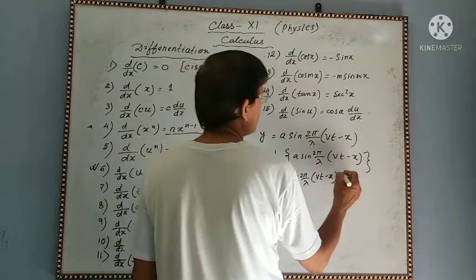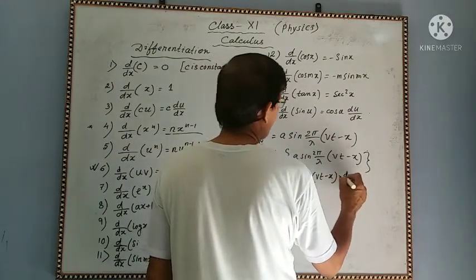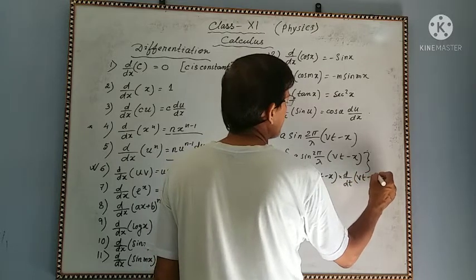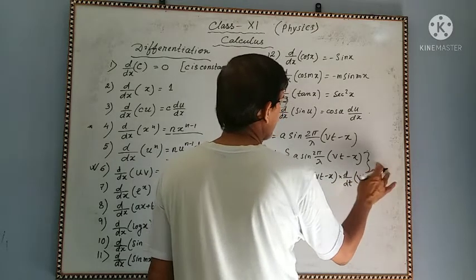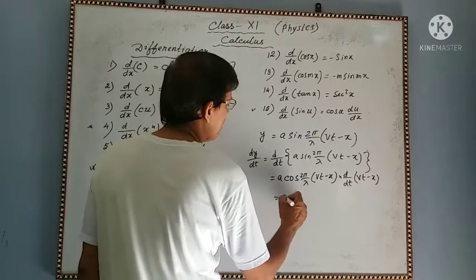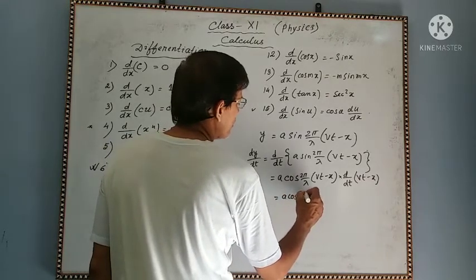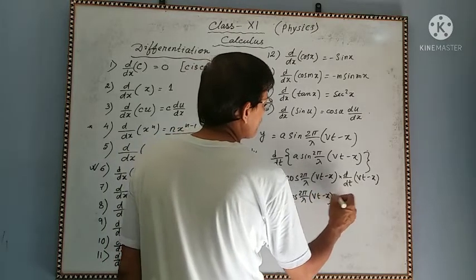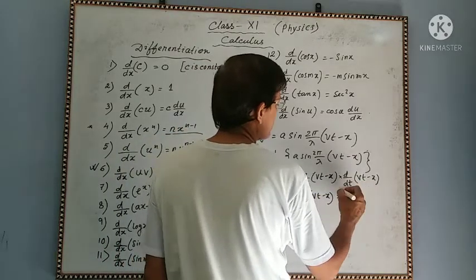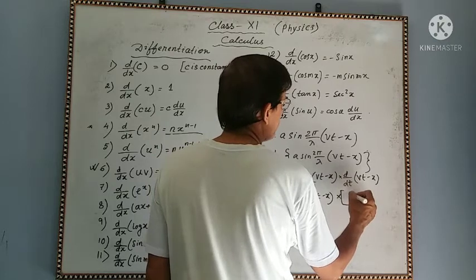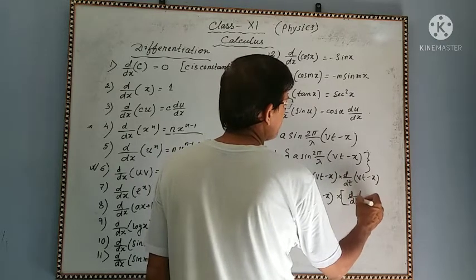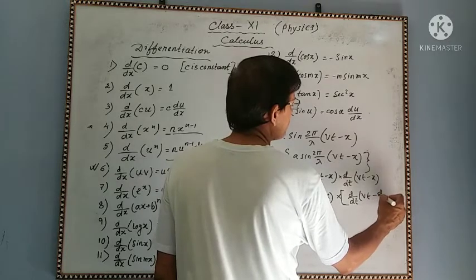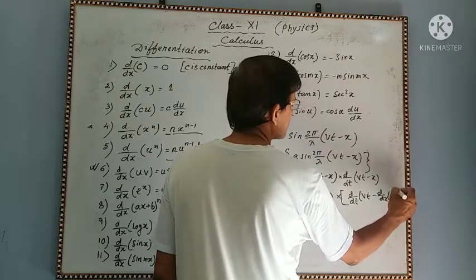So into d by dt of (Vt minus x). Clear? So this is a cos 2 pi by lambda (Vt minus x) into differentiate this, d by dt of Vt minus d by dt of x.